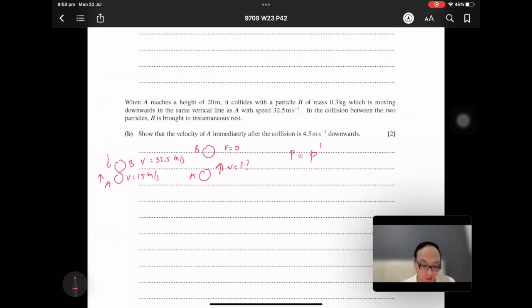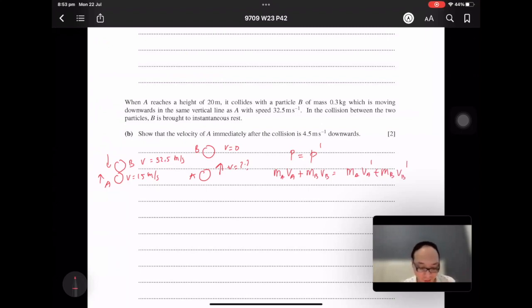So m_A v_A plus m_B v_B equals m_A v_A after the collision plus m_B v_B after the collision.